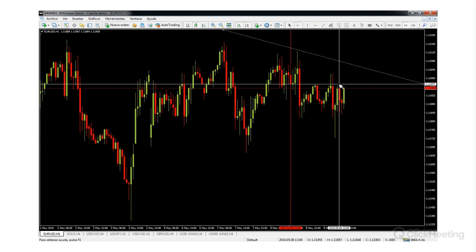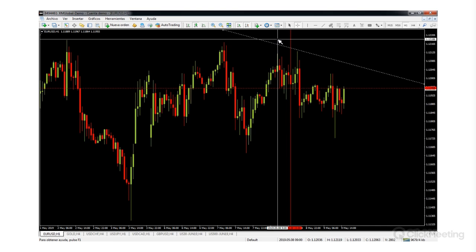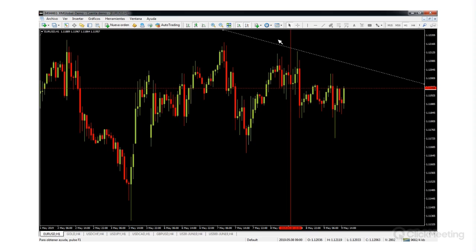Even though we had direction in the DXY, we did not have direction in the euro US dollar. We had our stop loss all the way above here, but I wasn't going to let price hit my stop loss if I already knew that I had to close it beforehand.